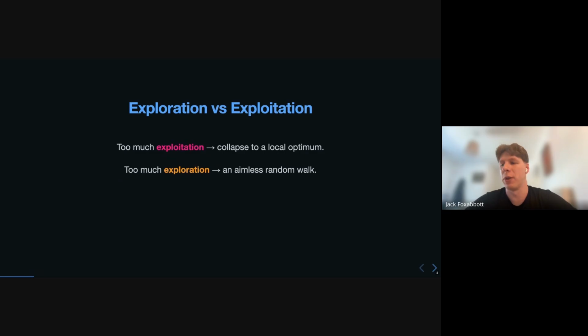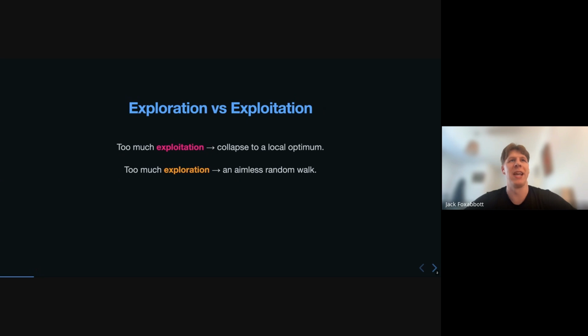So the key trade-off that you're always facing with these algorithms is exploitation versus exploration. So exploitation, this is the idea of hanging on to what you know works well. So it might be the case that early in your loop, you find a pretty good looking solution, and you would exploit it by making sure it's never dropped from your population.